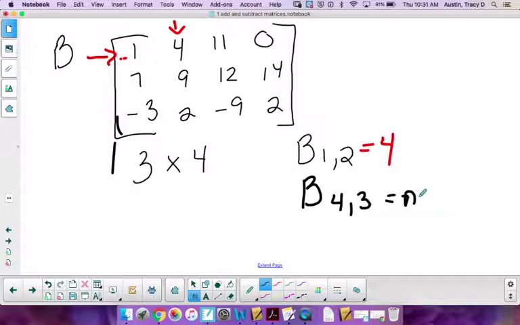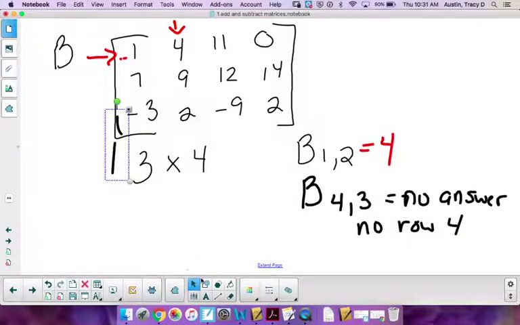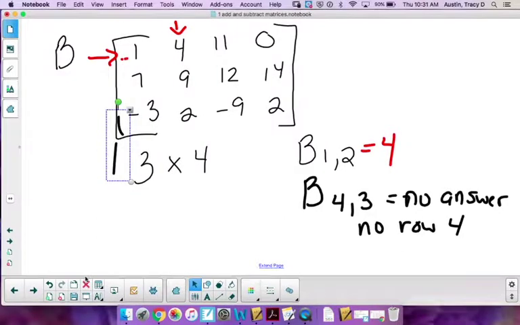So this actually has no answer, because there is no row 4. So you have to make sure that the rows and the columns actually exist when you try to answer a question like that. Okay, so that's just picking out elements and basically describing a matrix.